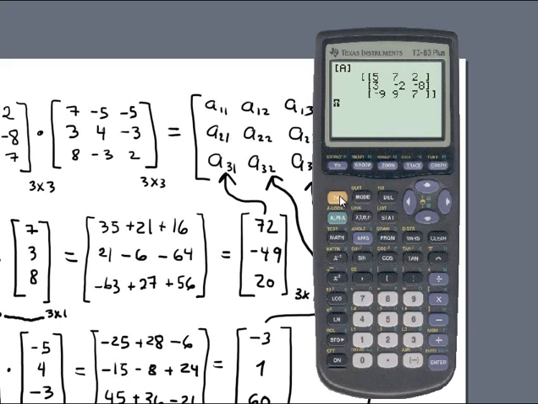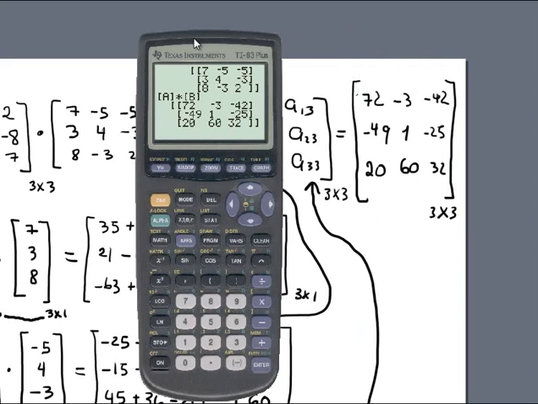Second mode, let me check. My second matrix select B: 7, -5, -5, 3, 4, -3, 8, -3, 2. Perfect. Now multiplication. Second matrix A times second matrix B. The answer is, let me see, 72, -3, -42, -49, 1, -25, 20, 60, and 32. Perfect.